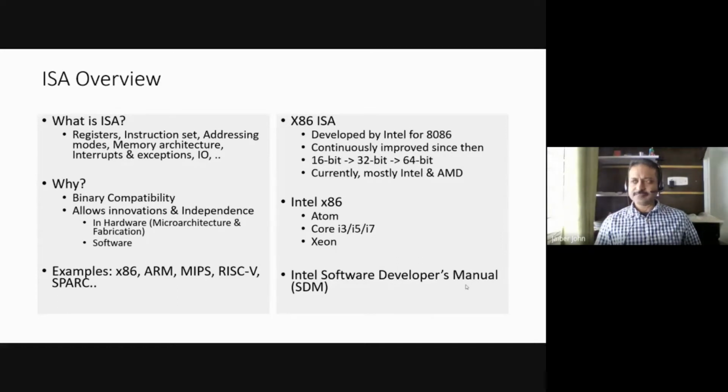It is actually a very big manual, more than 5,000 pages thick, let's say, and it explains everything about the ISA and something more: all the instructions, some of the abstractions, how to optimize the system, how to write the startup code. It gives a lot of information about the x86 ISA. So those who are into this area, maybe it's a good idea to download it and refer to the appropriate sections.